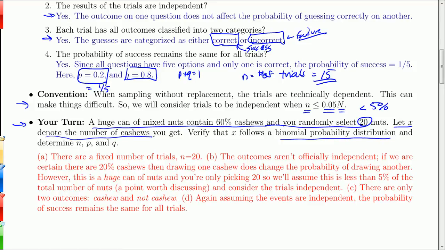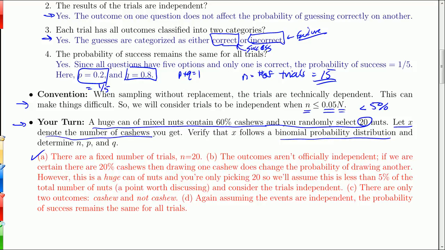So the first thing we have to check, are there a fixed number of trials? Yes. I'm going to grab 20 nuts. Are the results independent? Well, not really, because if you select a nut and it's a cashew, that does sort of alter your probability of getting a cashew on the next draw.